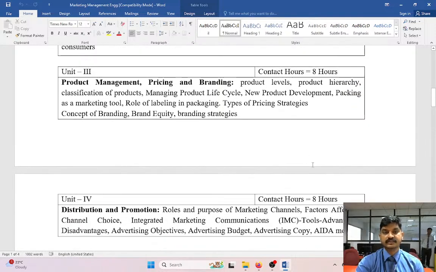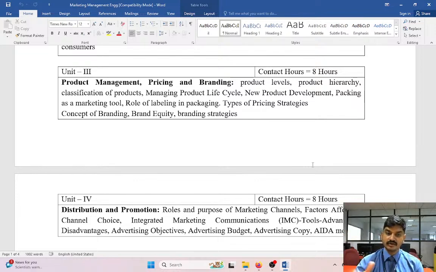Moving forward to unit number 3, it basically talks about product management, pricing and branding. Now product management basically means that when a product is introduced to the market, we say the product is born, then people start accepting it, the product grows, and eventually the product matures, and then it comes to a phase of decline where there are new alternatives available in the market.